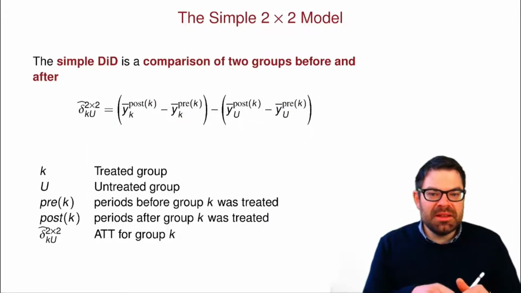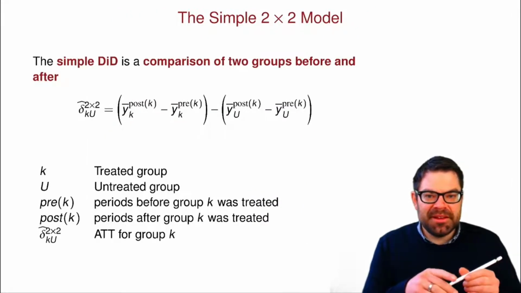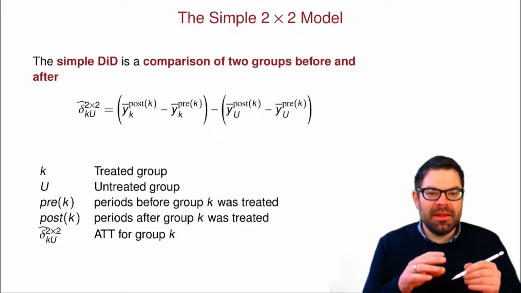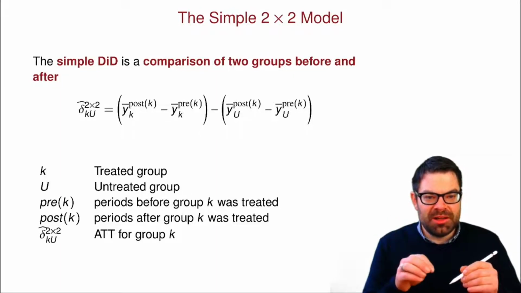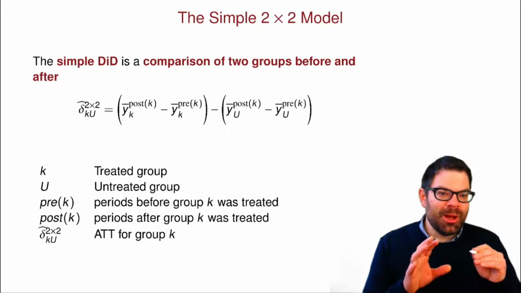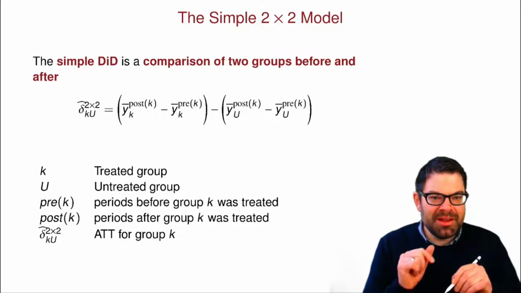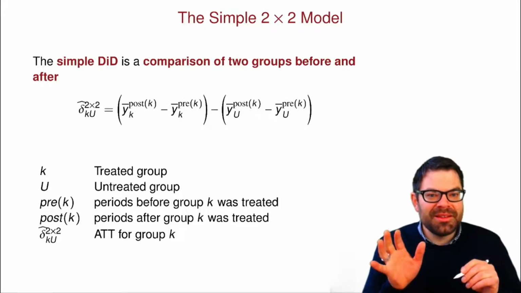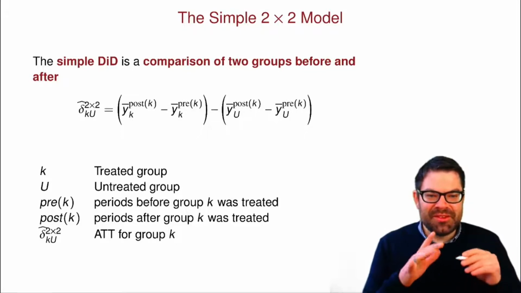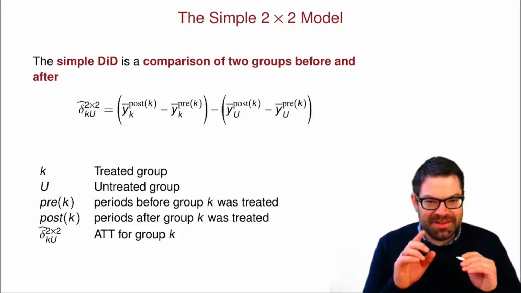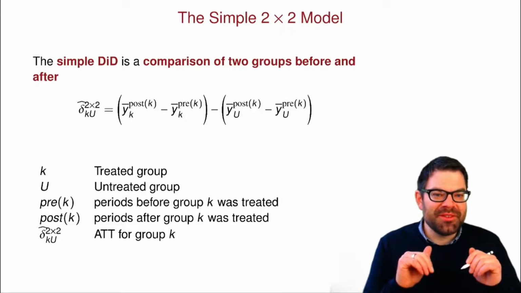Now let's look at this a little bit more systematically. Again, this is the 2x2 model. And I'm showing this not because this is how diff in diff is done these days. It's not. Diff in diff these days is a lot more complex than having 2x2 comparisons.